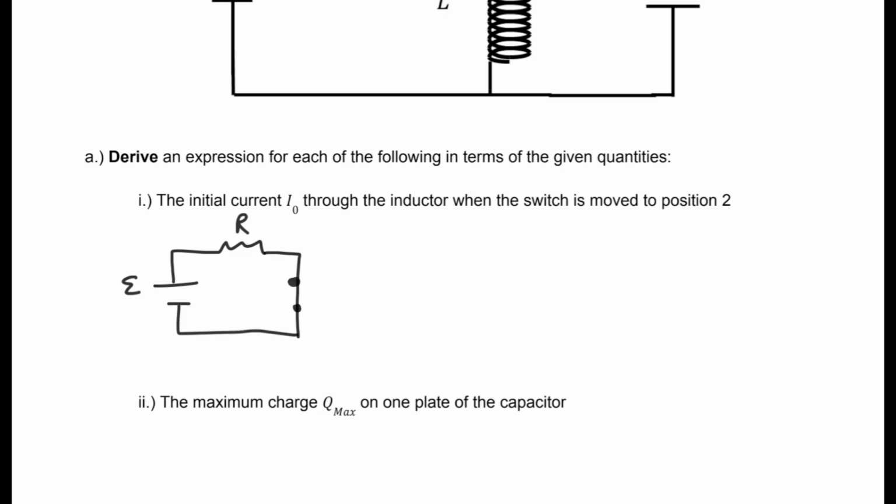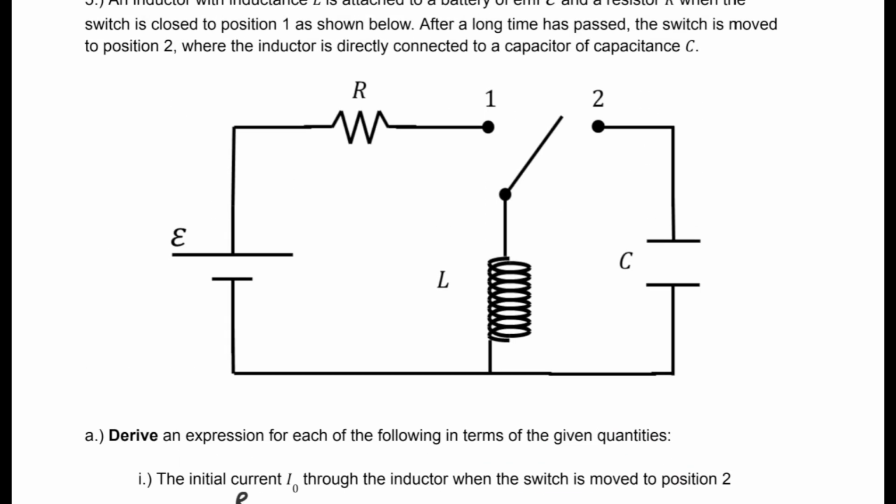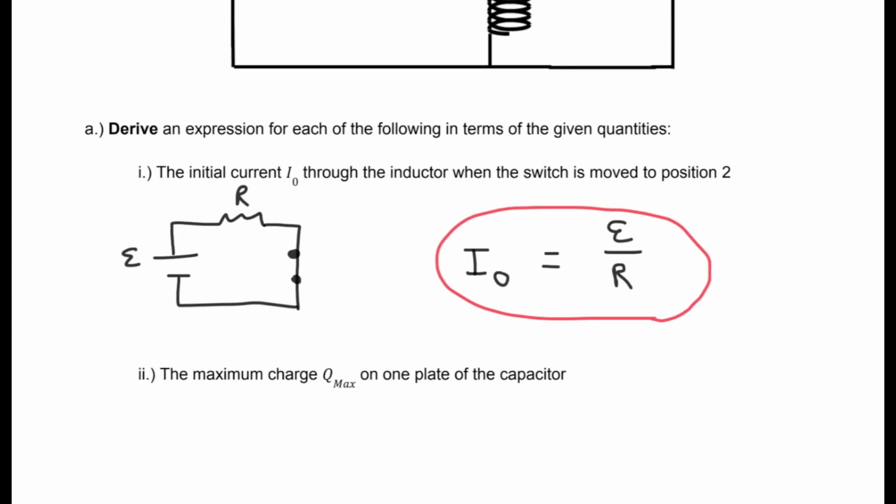So we'll just use basic Ohm's law to get that our steady state current, which will be the initial current through the circuit due to properties of inductors, is the EMF divided by R. And by initial current, we mean initial current as soon as the switch is flipped to position 2. So the initial current in state 2 should be the final current in state 1, which is the steady state.